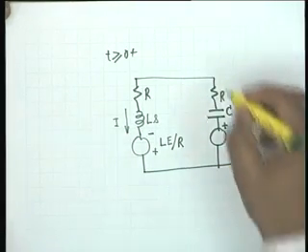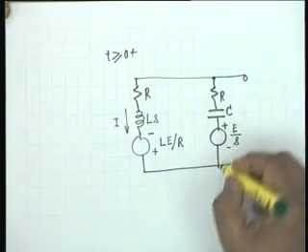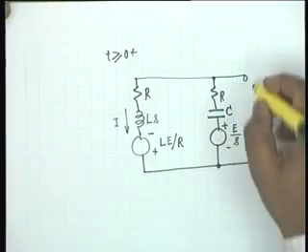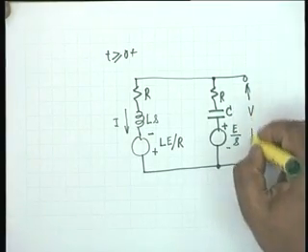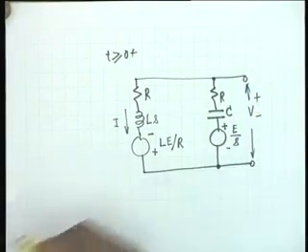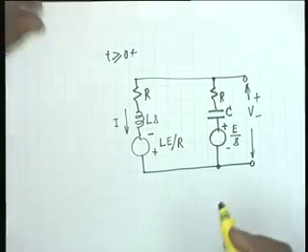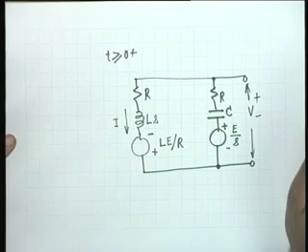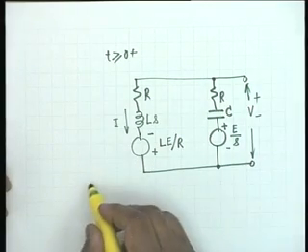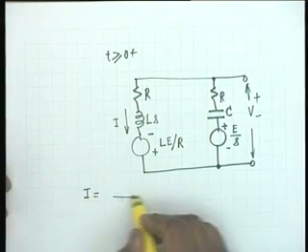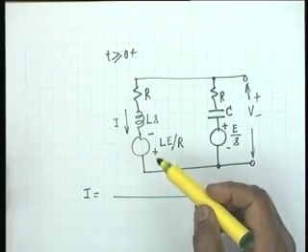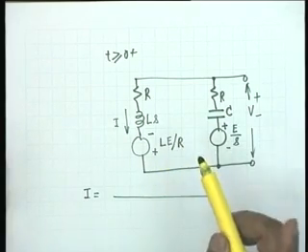Very few students got this problem correctly. Once you have drawn this equivalent circuit, things are absolutely simple. This voltage is V, let us say capital V, the transform voltage. And obviously, if you look at this circuit, it is a single mesh circuit, simplicity itself. Capital I shall be equal to the total driving voltage divided by the total impedance. Total driving voltage, you see, there is a question of sign now.